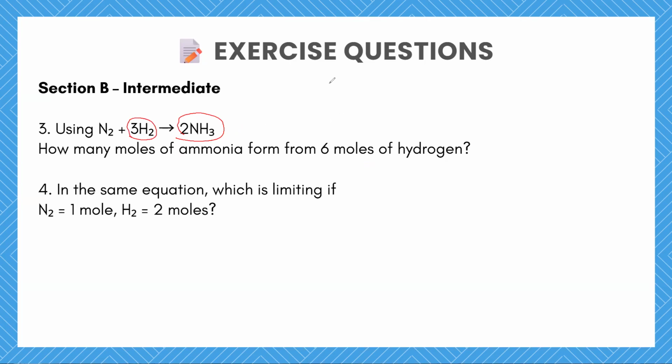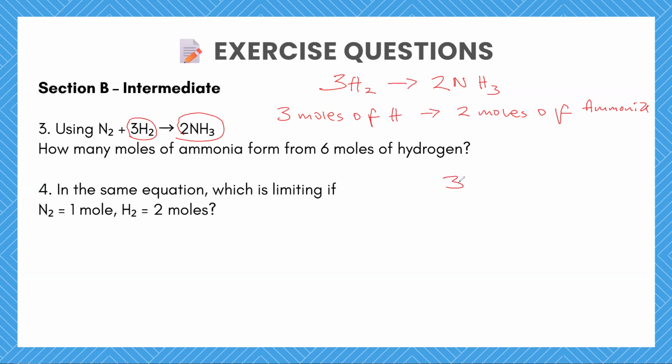Now, from the equation, we can see that 3H2 produced 2NH3. What does this mean? It means 3 moles of hydrogen produce 2 moles of ammonia. So therefore, the mole ratio becomes 3:2.